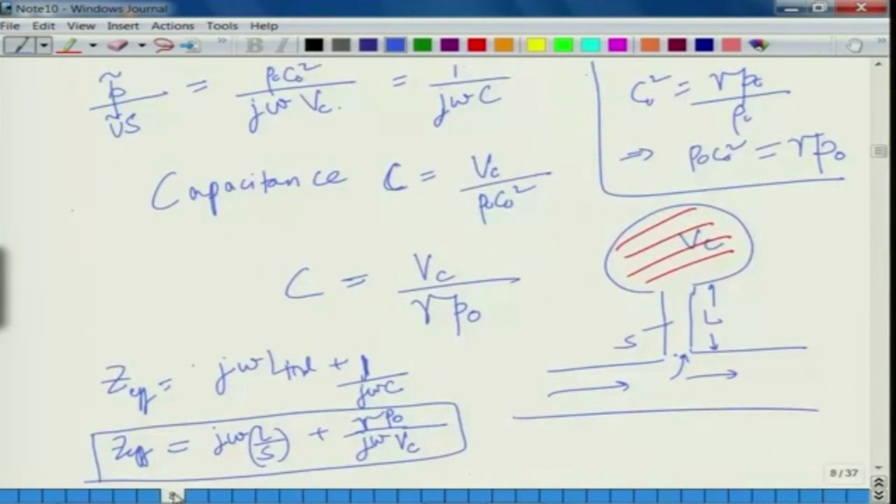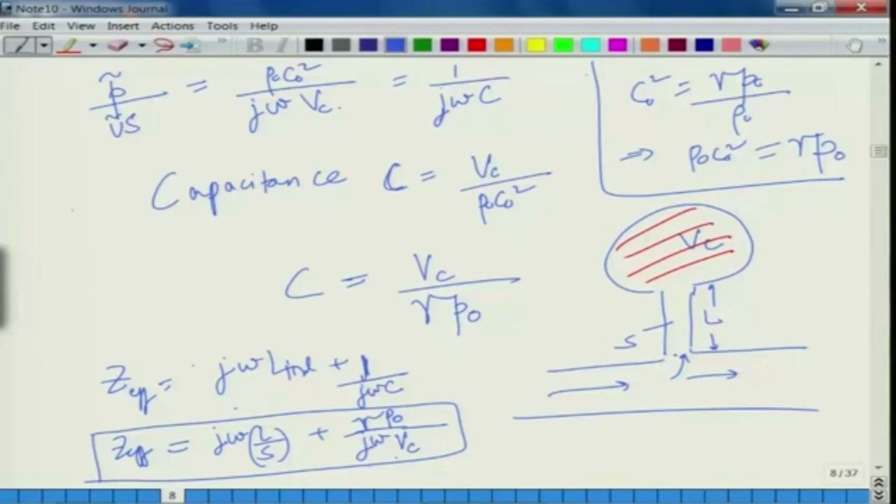The last class we saw this system: j omega L by S plus gamma times P naught by j omega V c. When we simplify this and find the frequency at which the impedance goes to 0, this part is imaginary, this part is imaginary, so when we simplify the algebra and find the frequency where the imaginary part of the impedance goes to 0, we get the resonance frequency for the lumped system analysis.